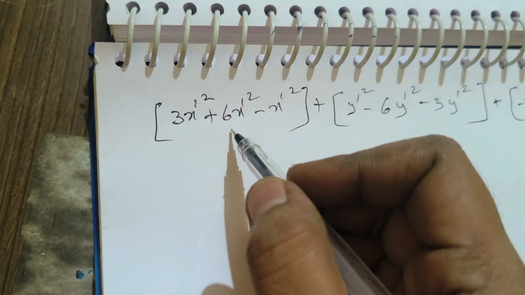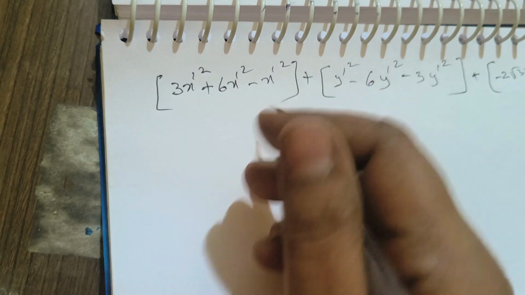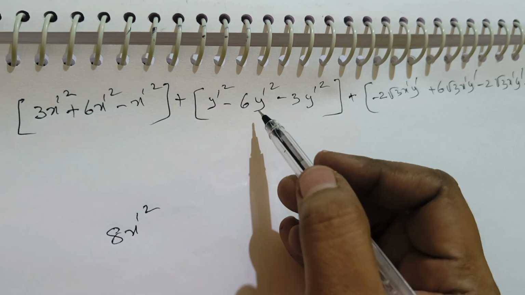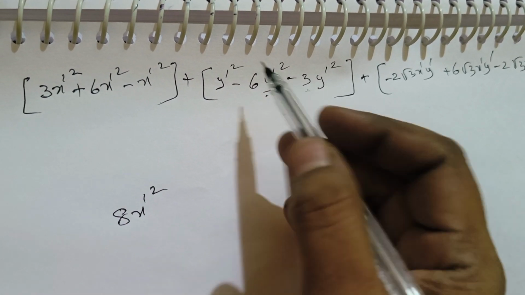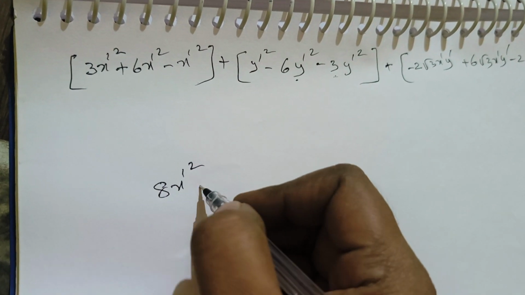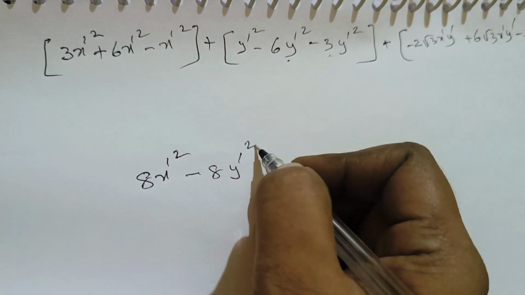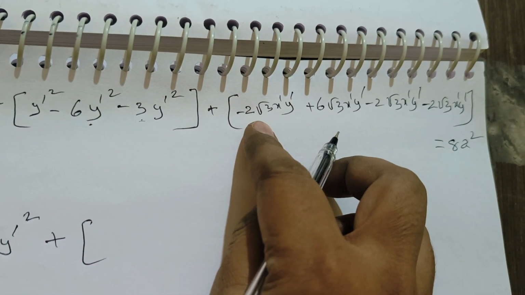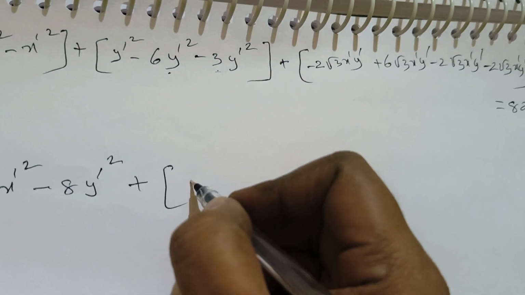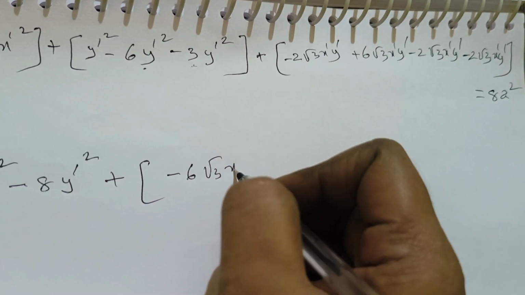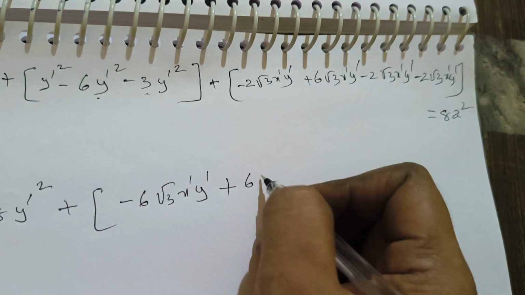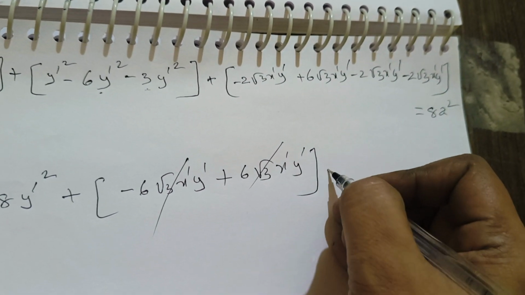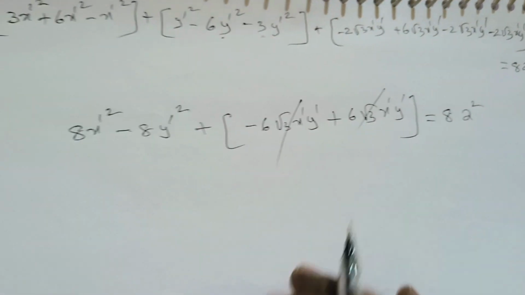Now 6 and 3 becomes 9, 9 minus 1 is 8. So it is 8 x dash square. For y dash square: 1 y, minus 6 y, minus 3 y, gives minus 9 y plus 1 y dash, so it becomes minus 8 y dash square. Now minus 2, minus 2, minus 2 becomes minus 6 times root 3 x dash y dash, plus 6 times root 3 x dash y dash, which becomes 0, is equal to 8a square.